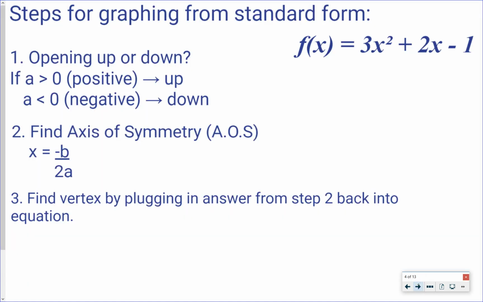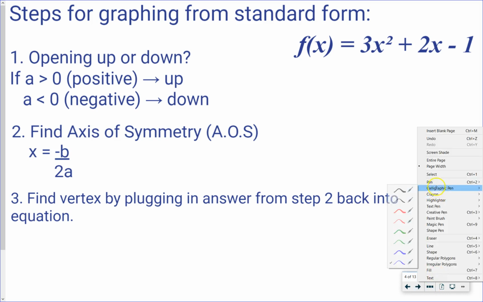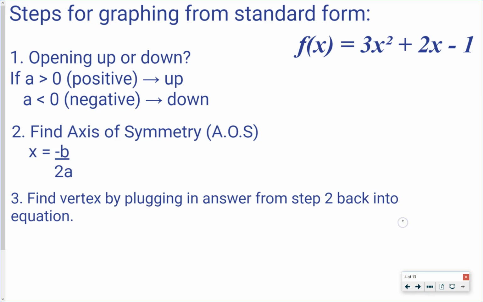Here we go. First one, we have 3x squared plus 2x minus 1. Steps for graphing. They've given us an equation and they want us to graph it. On the left-hand side, the first thing we're going to do is decide if it's opening up or down, and we figure that out by looking at our a value. So remind me, where does a occur in the equation?